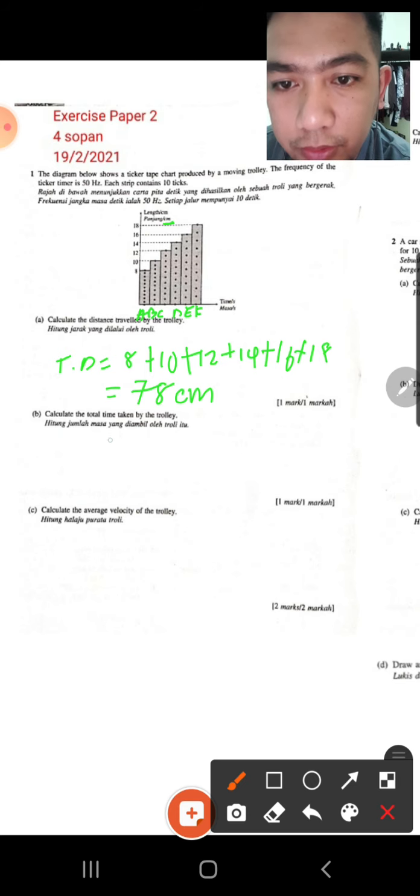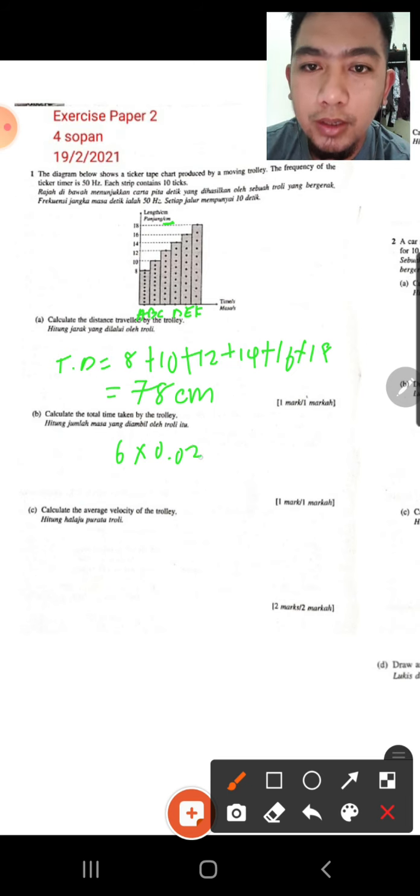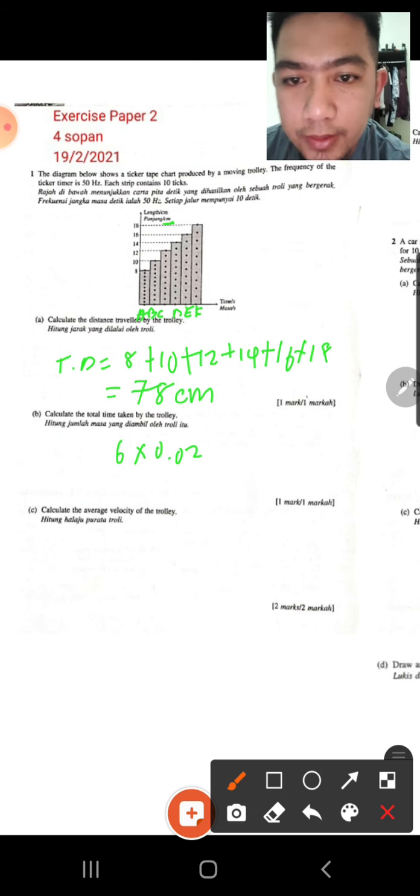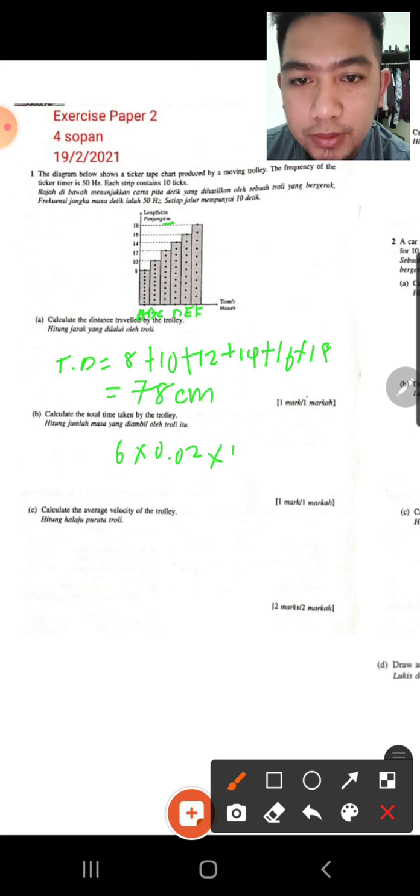Okay, 10 dots times 6 times 0.02. But you should remember, because we have 6 ticker tape strips here, right? So that's why, the teacher has written 6 here, times 10.